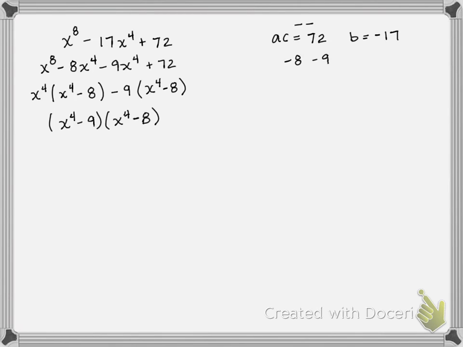So now because there are exponents, I have to look at these two. That first one, is it the difference of squares? It is, right? So x to the 4th is a perfect square.